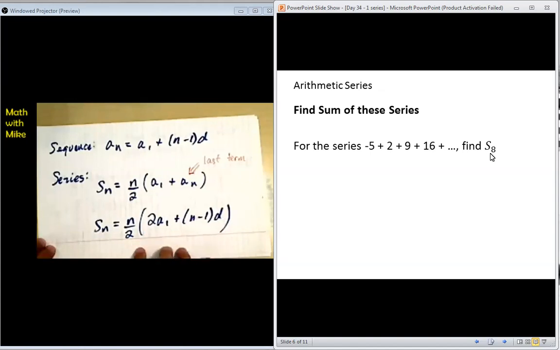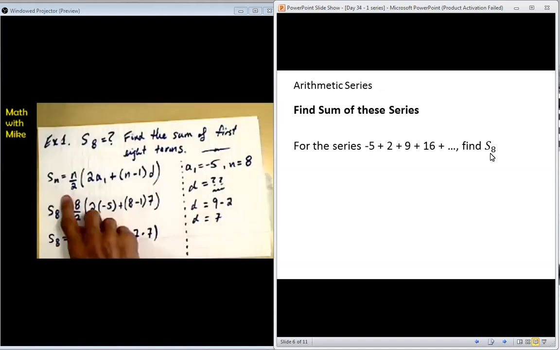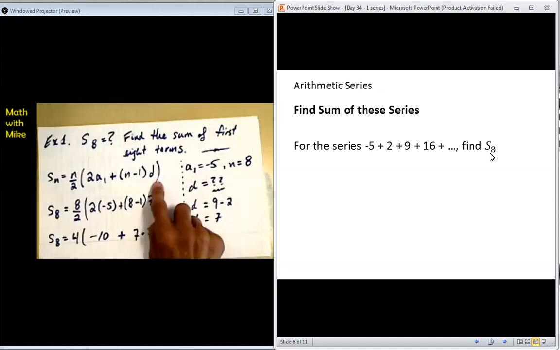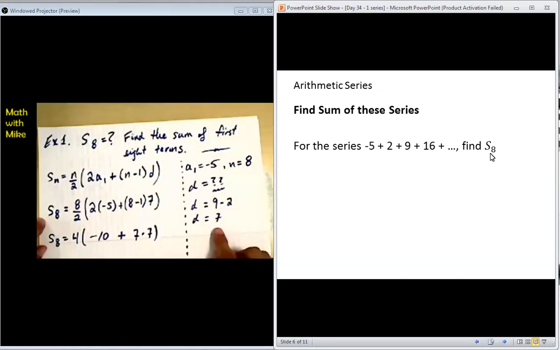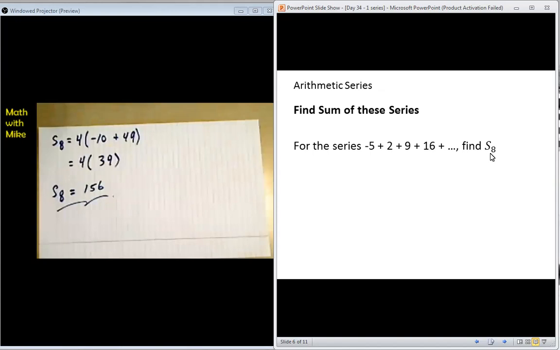No last term. We can find D, know N, we know A1, we're good to go. So that's what we use. A little side work for the D. Subbing it in, solve carefully, and we get the 156 there at the end.